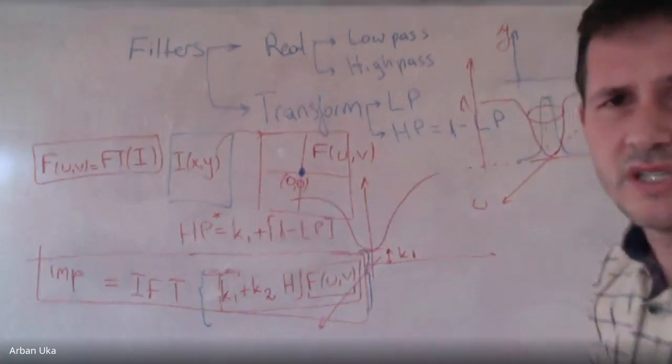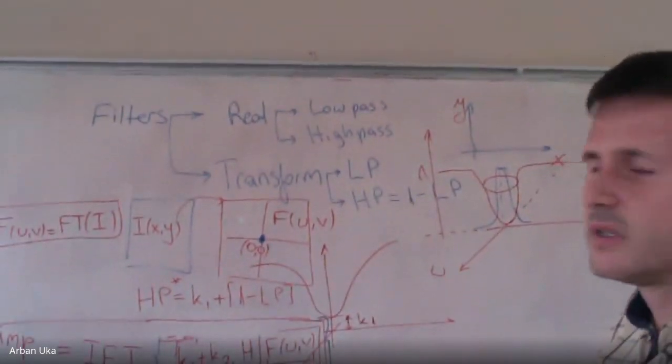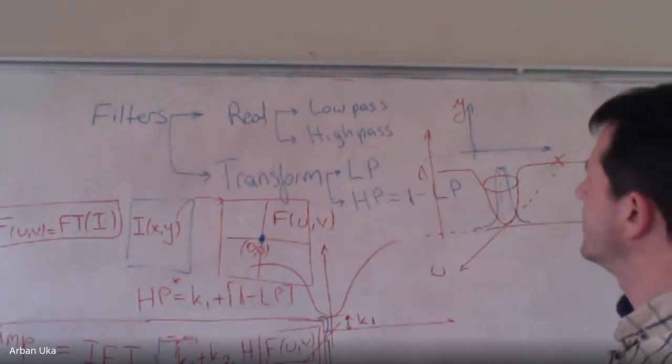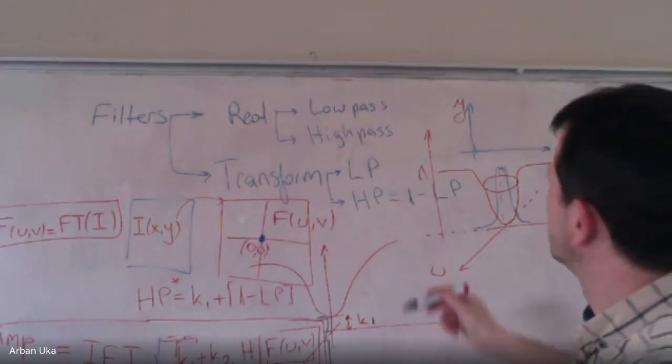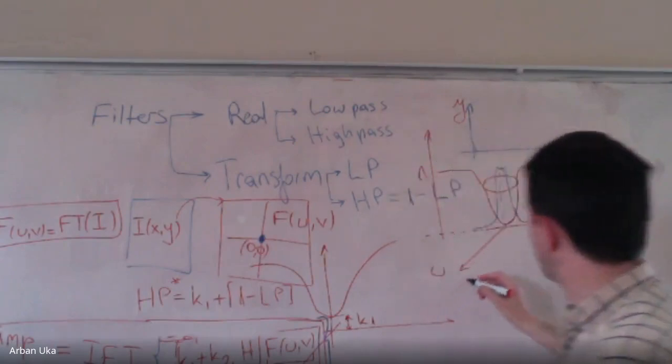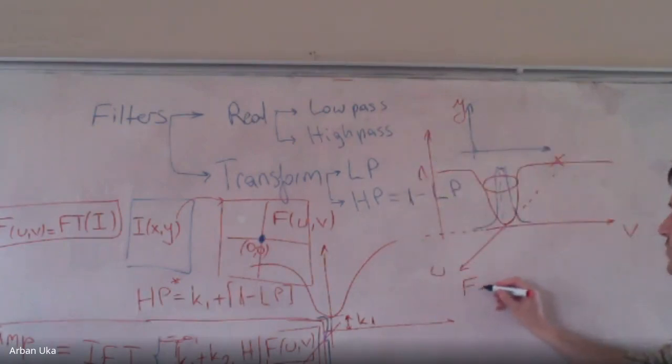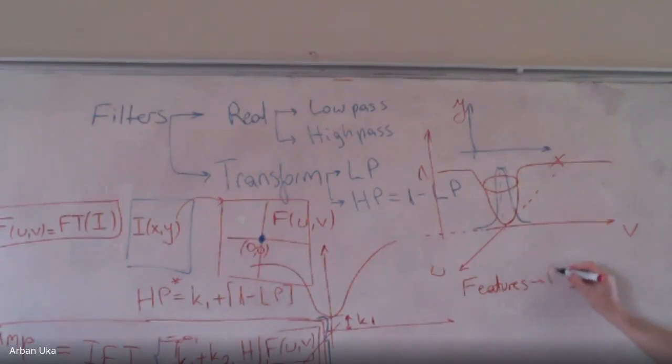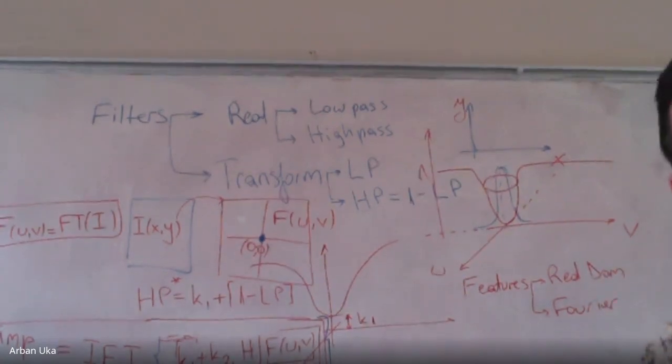So now we are applying filters in the real domain and the transform domain. We can extract features of the images in the real domain and in the Fourier domain. We call these descriptors, signatures, and so on.